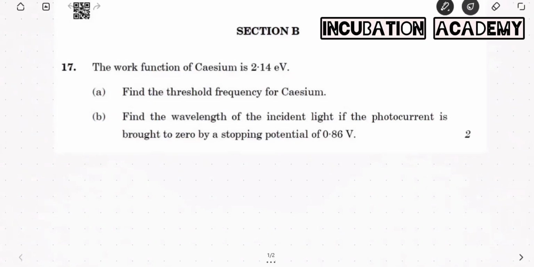So we can say W naught is 2.14 electron volt. If I want to convert this into joule, then it will be 2.14 multiplied by 1.6 multiplied by 10 to the power minus 19 joule.